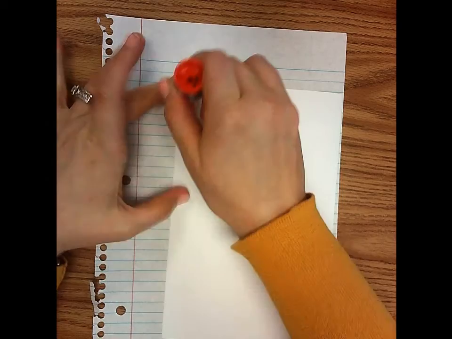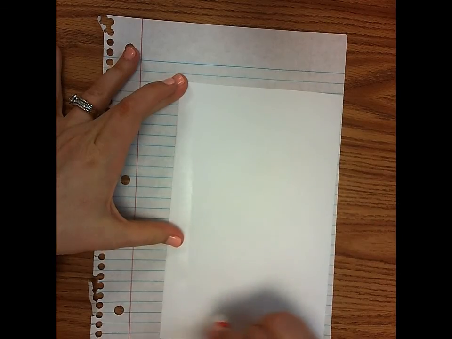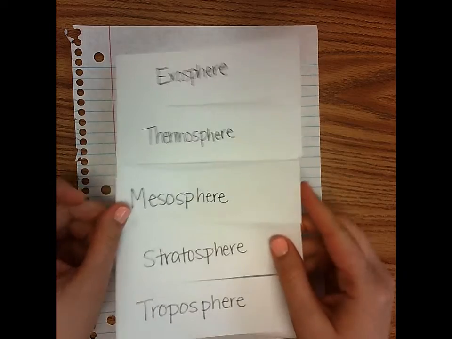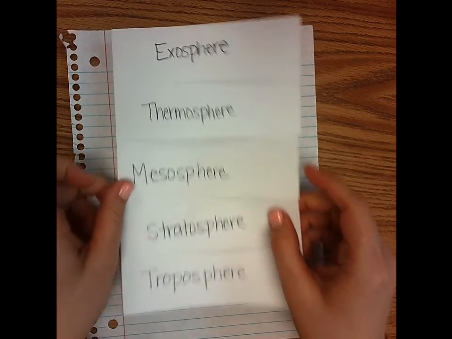That way it's not too confusing. Okay, so you should have your notebook foldable. Okay, so you're going to glue this back side that's not cut to your page.